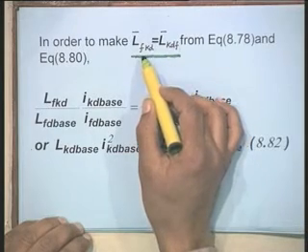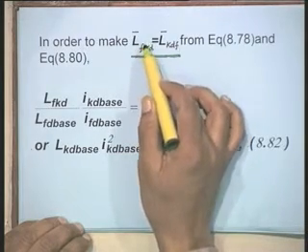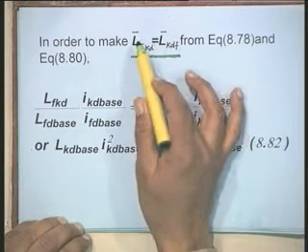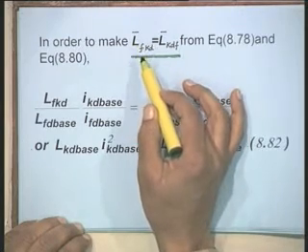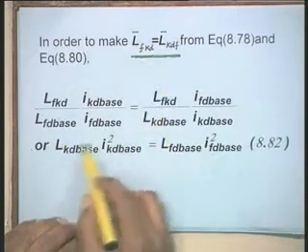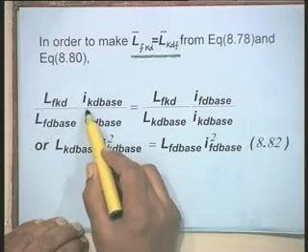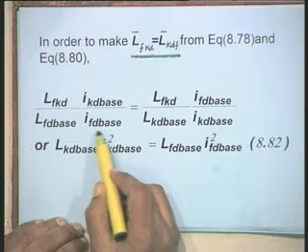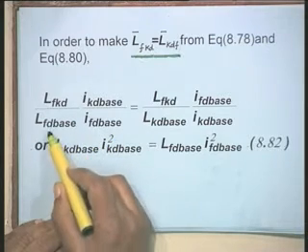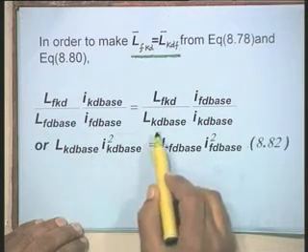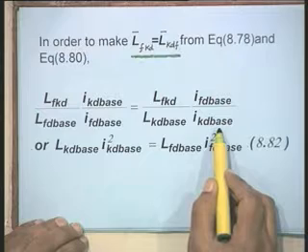Now, as per the definition, this quantity L bar FKD, that is the per unit mutual inductance between field and amortisseur windings, was defined like this, that is LFKD upon LFD base IKD base upon IFD base, that is in the denominator. Here is LFD base, IFD base, here you have LKD base, IKD base.